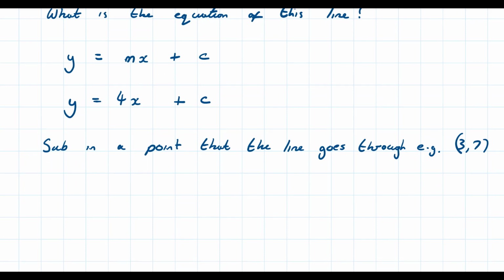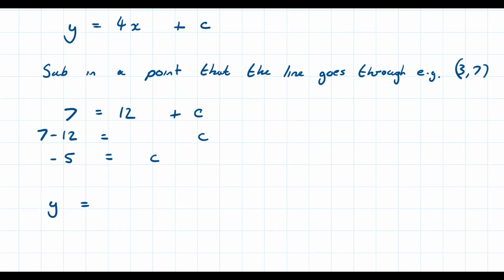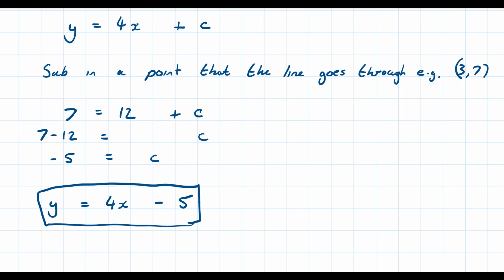So I know that according to that coordinate, when y is 7 on this line, so I'll replace the y with 7, the x is 3. So 4 times 3 is 12. So I can now work out the c by moving the 12 and doing 7 take away 12. I'll get negative 5 for c. So my final equation becomes y equals 4x minus 5, because I worked out that the gradient was 4, and I've just worked out that the y-intercept is negative 5. So that becomes the full equation of that line.